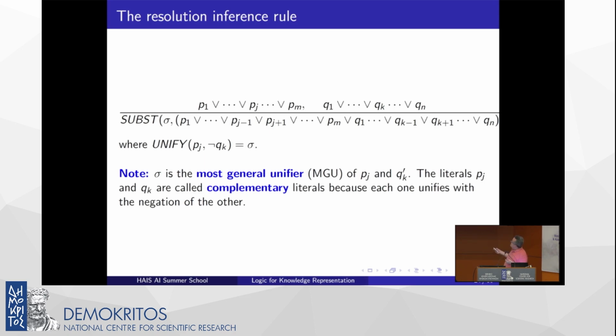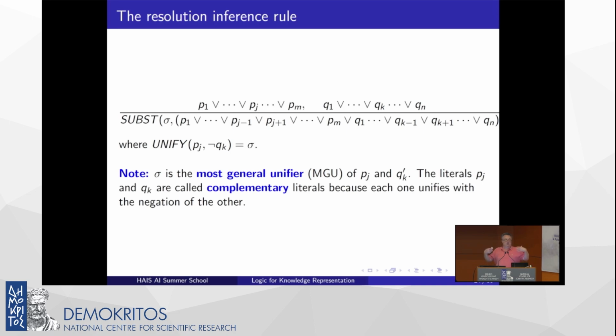So if we have, let's say, P and not P in the simple propositional logic kind of way, then you can infer a very big disjunction where you have thrown away Pj and Qk because they cancel out, right? P and not P cancel out, okay?